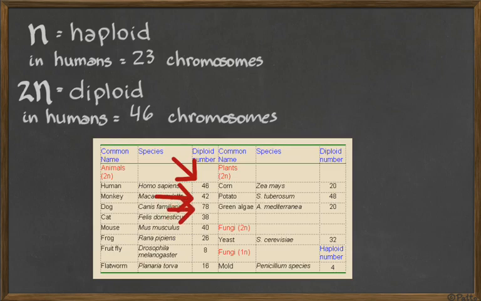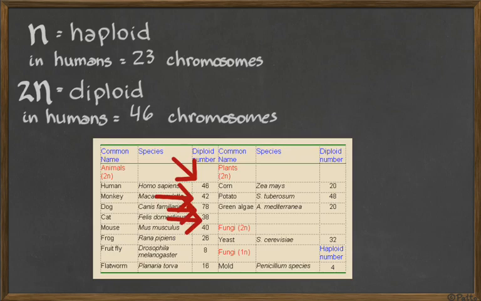Dogs have 78, cats have 38, mouse 40, frogs 26, fruit flies have 8, a flatworm 16, and the same goes for plants. Corn will have 20 chromosomes in the adult, in the diploid number. Potatoes will have 48, but the green algae have 20. Okay, the same for fungus, the same for other organisms. So the number of chromosomes can vary.